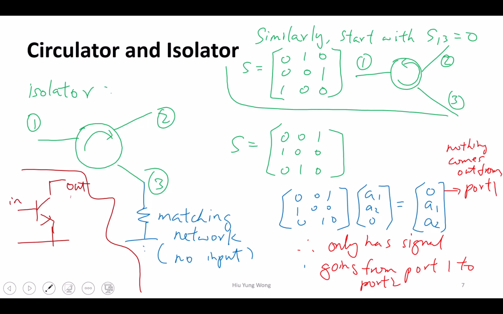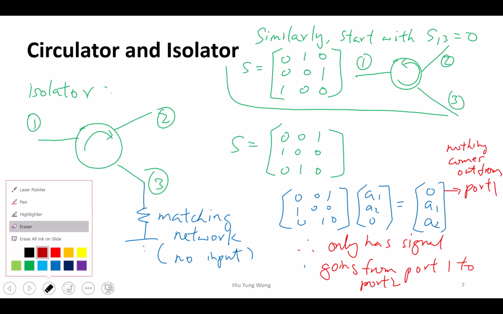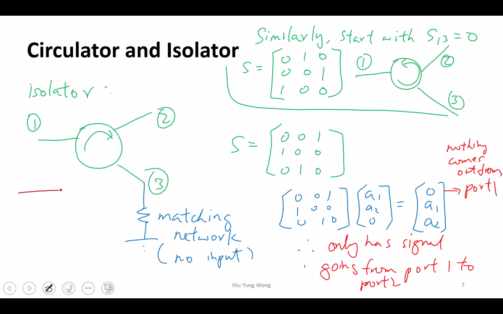Matching network? What's that? A matching network? So it is like matching resistance. In a simple case, if you have an infinite wire, it has some characteristic impedance. You apply a wave to it, and the wave will keep propagating forever if it is infinite.